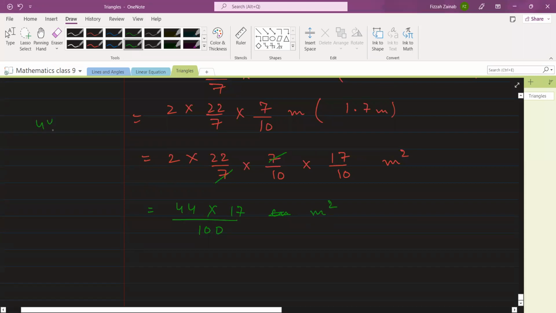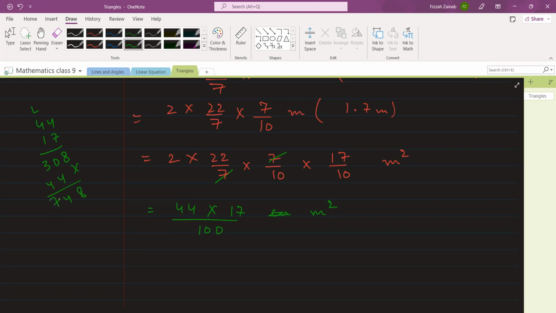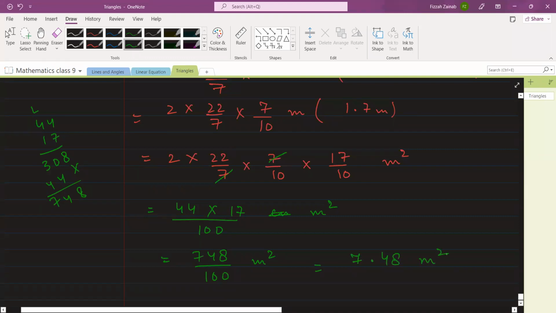So quickly multiply. 44 into 17 is 748. So 748 divided by 100 meters square. So that becomes 7.48 meters square.